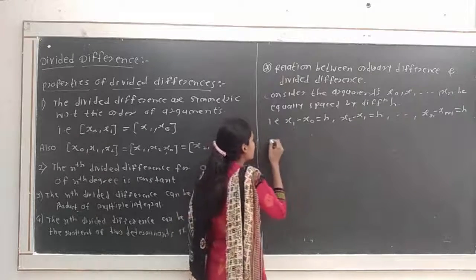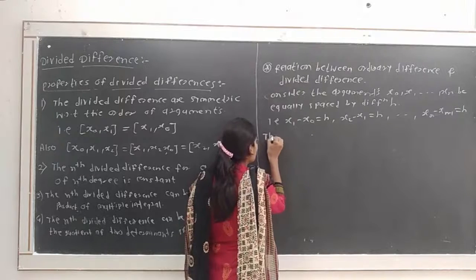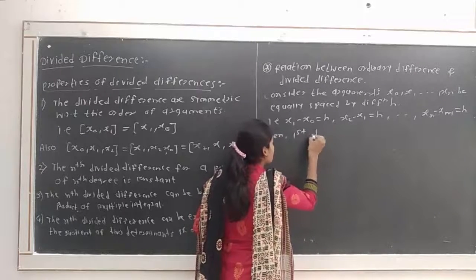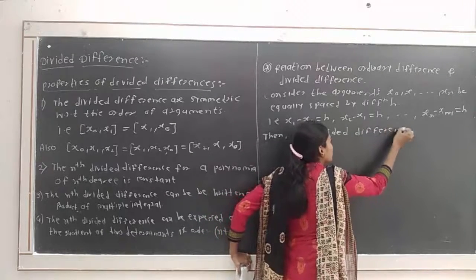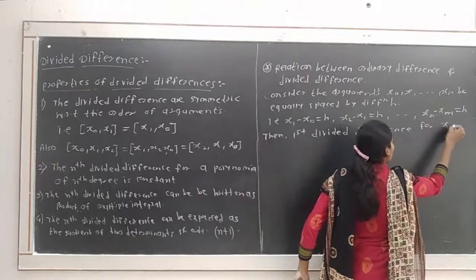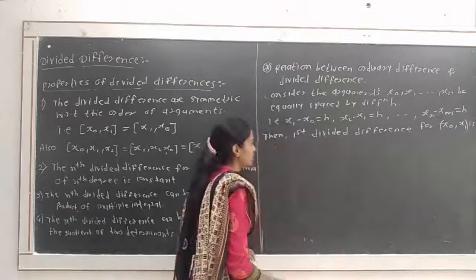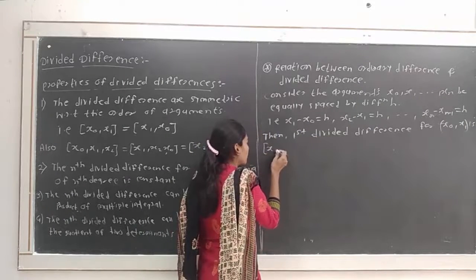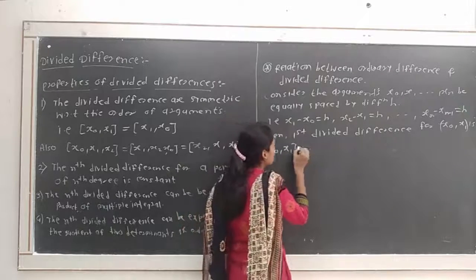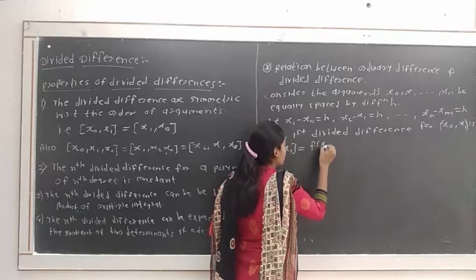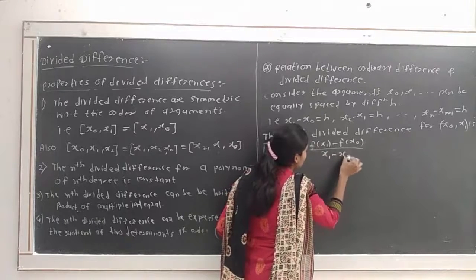Then we write the first divided difference for the arguments x0, x1, which we denote by the notation x0, x1 in square bracket. It is defined as f of x1 minus f of x0 divided by x1 minus x0.